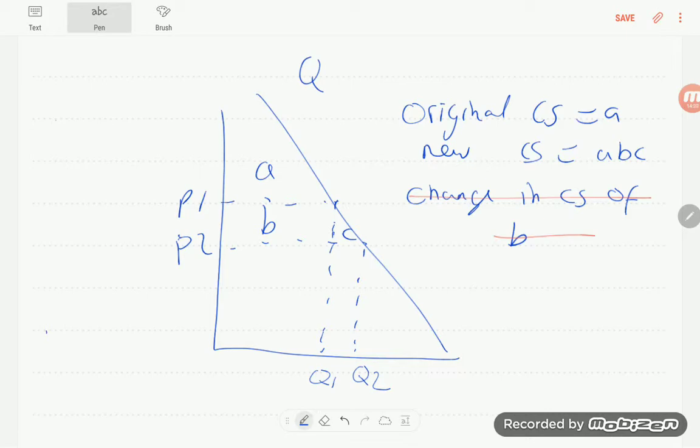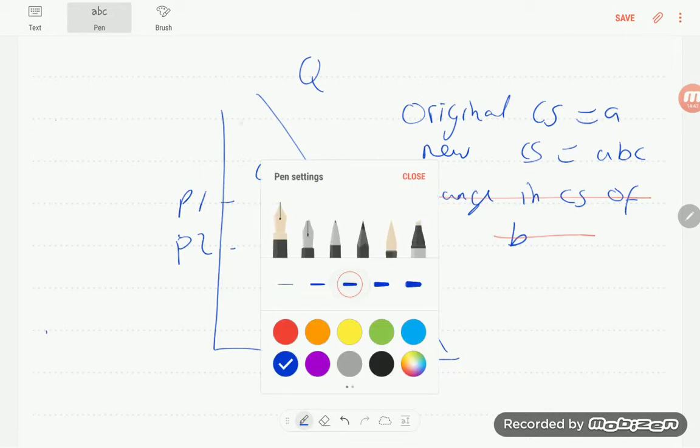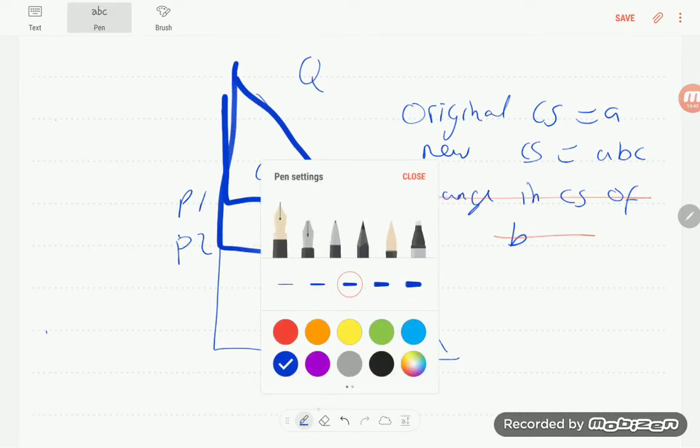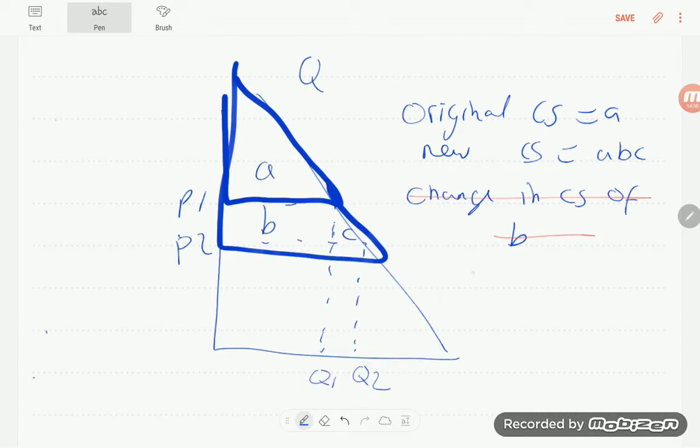The triangle has got larger. That was my original, that's my new. So I'm going to jot down here, and rub this out as well, that there's been an increase in consumer surplus, and that equals an increase of BC.